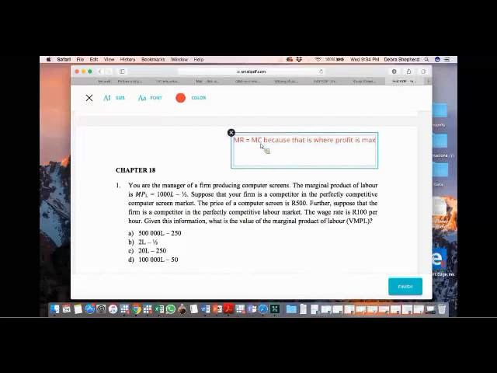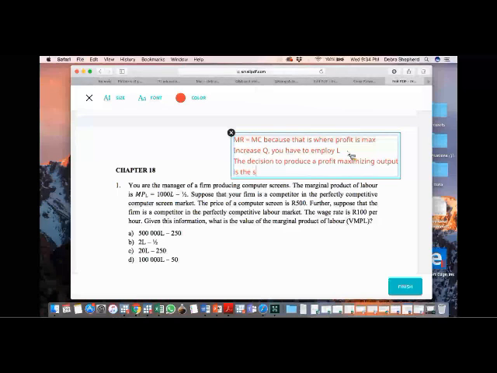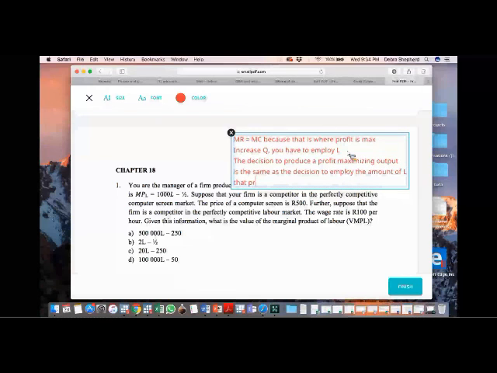In chapter 11, we argue that if you want to increase outputs, you have to employ labor. Okay. What that means is that the decision to produce a profit maximizing output is the same as the decision to employ the amount of labor that produces that profit maximizing output.